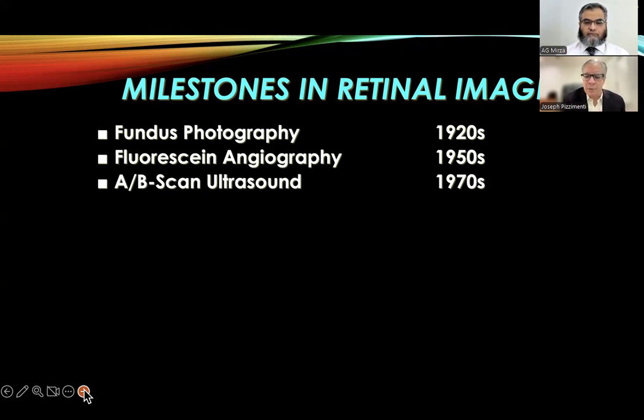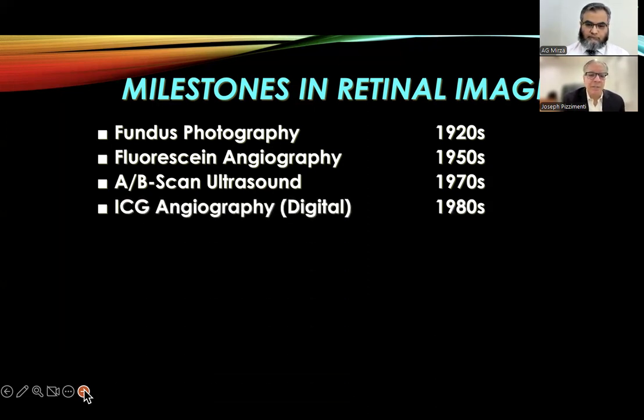Ophthalmic ultrasonography came to market in the 1970s. Indocyanine green technology, which is more specific for the choroidal layers, unlike fluorescein, which is more specific for the retinal layers, became available in the 1980s. And this really ushered in the digital age of ophthalmic imaging.